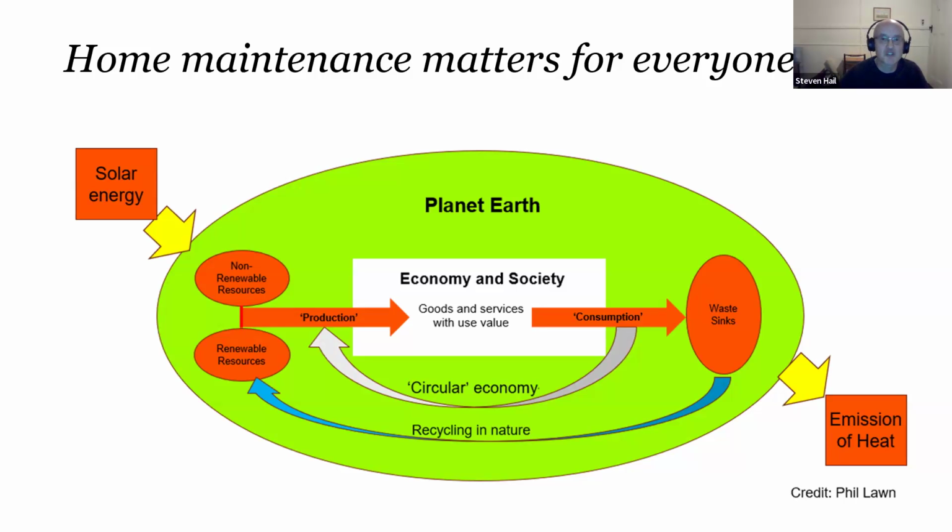So we take resources from the Earth, we generate waste, which the Earth system then has to absorb. Now, as long as we don't overwhelm natural systems, the Earth does a good job of processing our wastes for us.